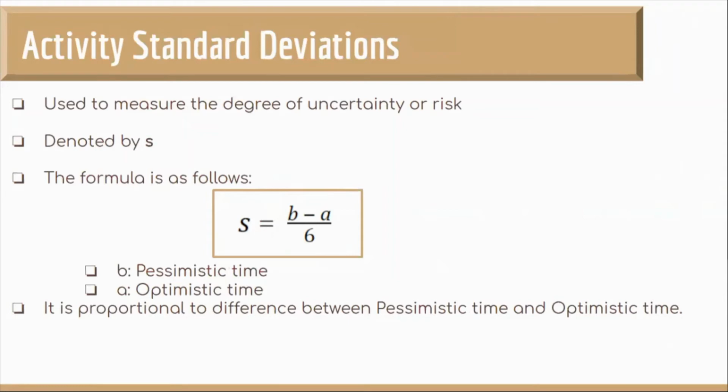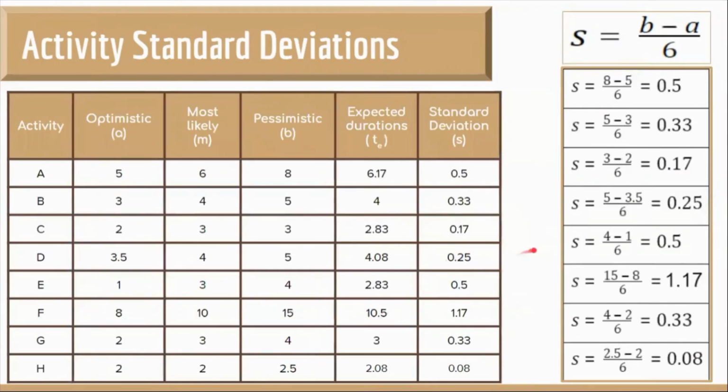The formula is S equals (B minus A) divided by 6, that is pessimistic minus optimistic divided by 6. The standard deviation is proportional to the range between the pessimistic time and optimistic time. Note this standard deviation is for the activities, not the events. Then we find the standard deviation for each of the activities.